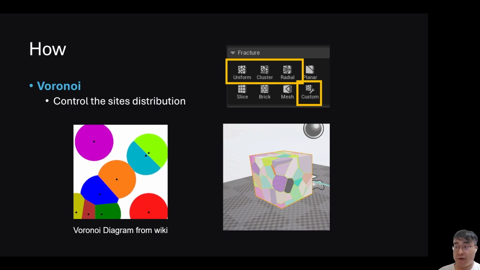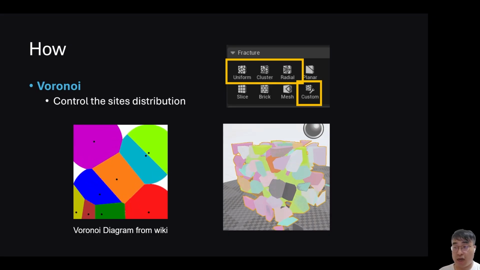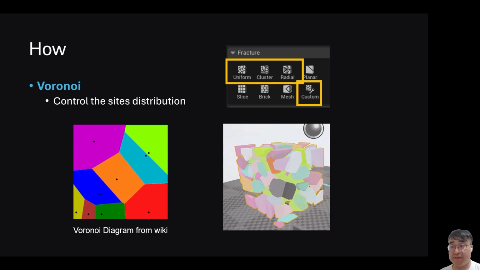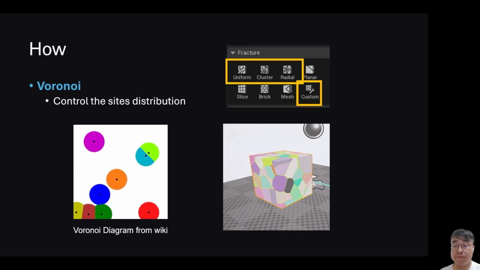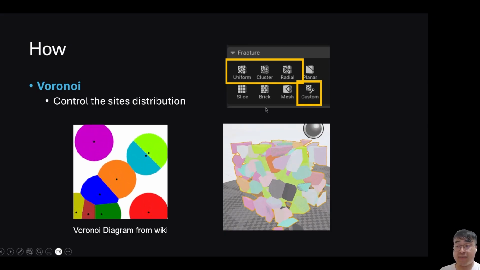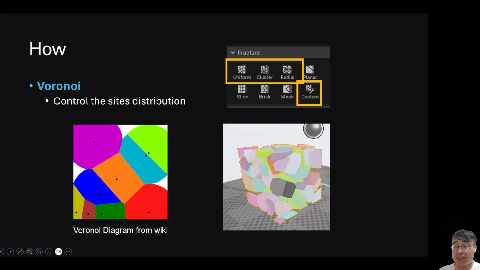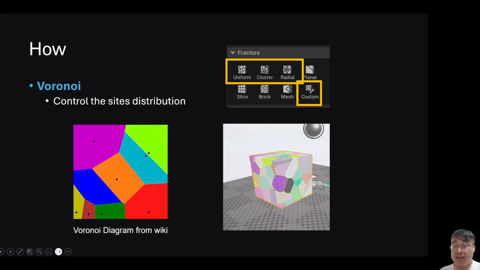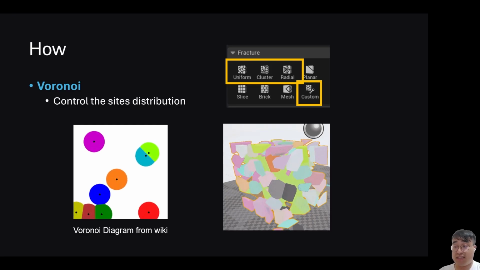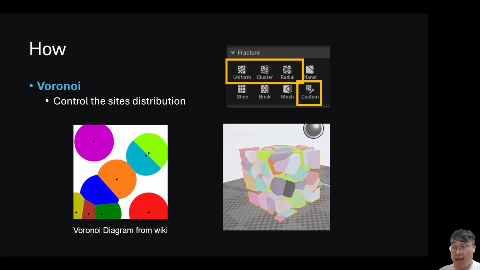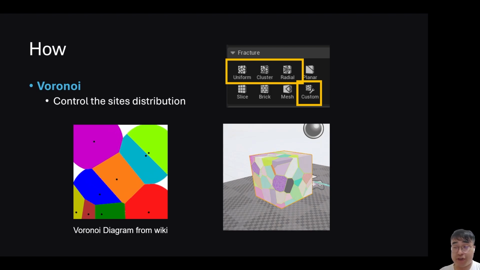This diagram helps control how the mesh fractures by defining the distribution of breakpoints or sites. Unreal Engine provides a couple of predefined methods like uniform, which is the standard for Voronoi, cluster, radial, and you can even customize the fracture.